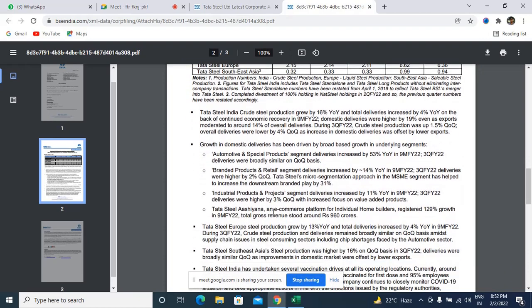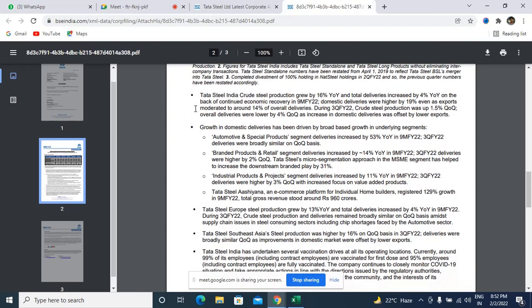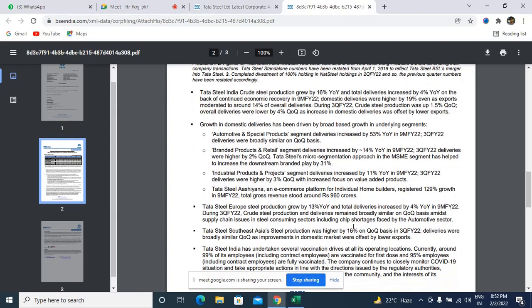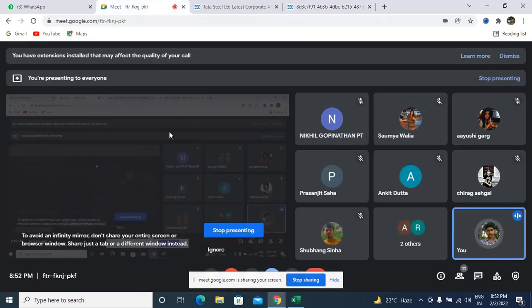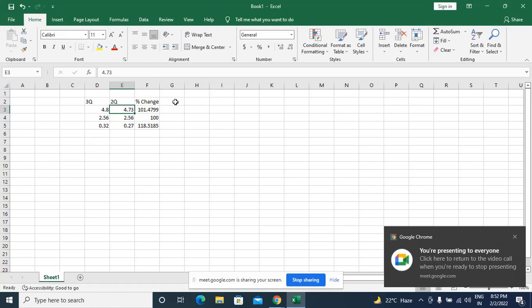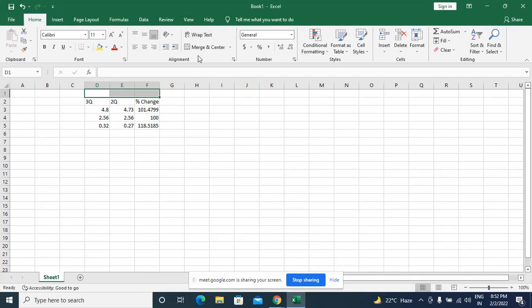After that, go through all the bullet points given there and make a summary out of it. Include it in the Excel sheet like you have done for quarters.